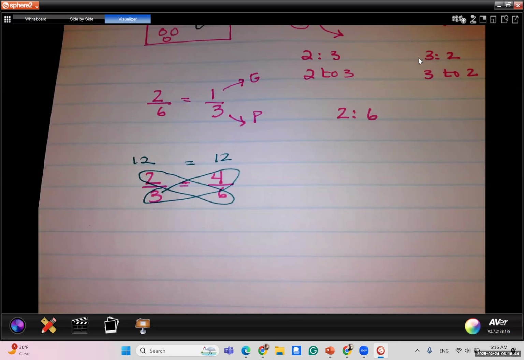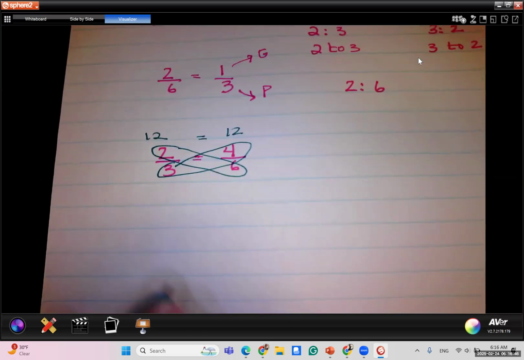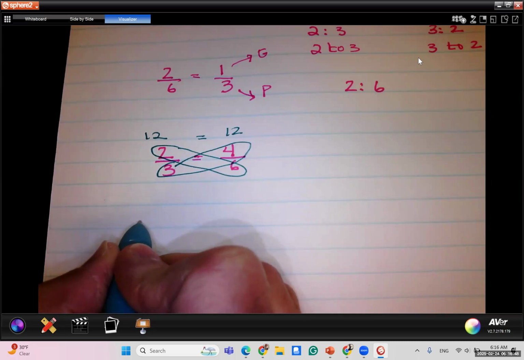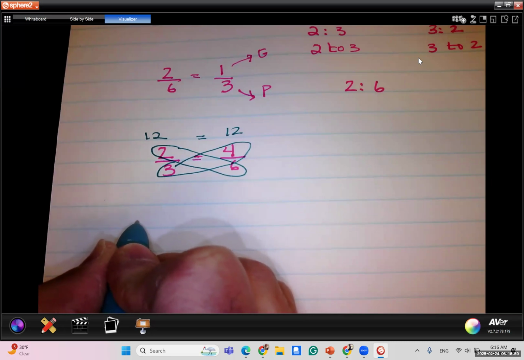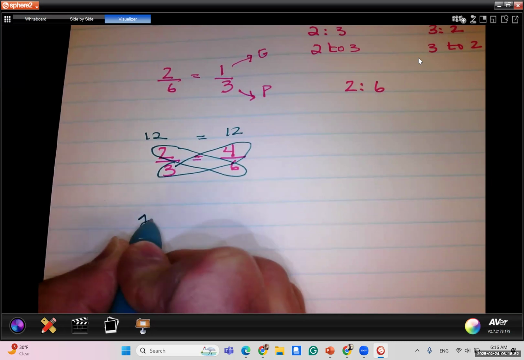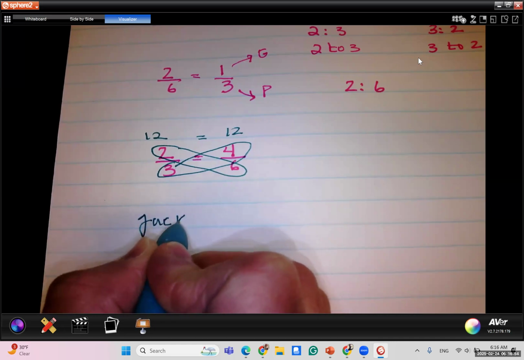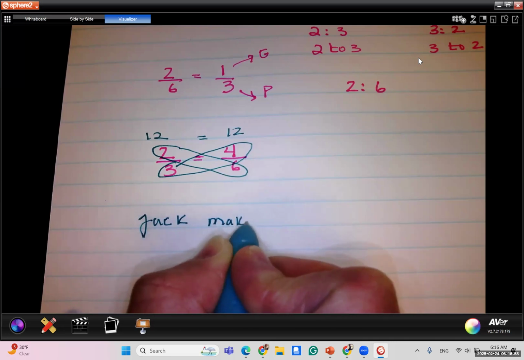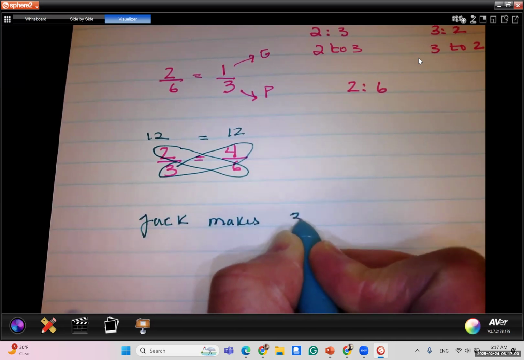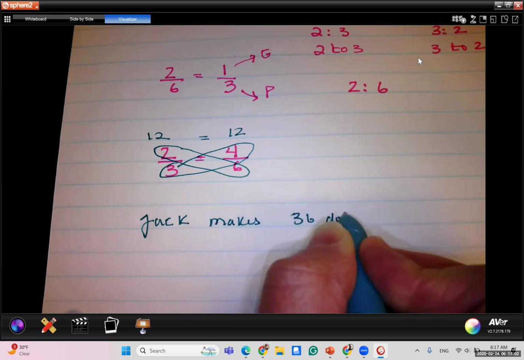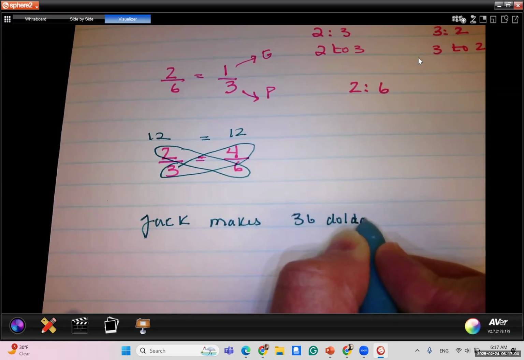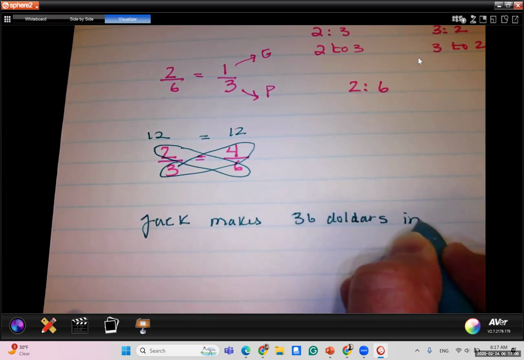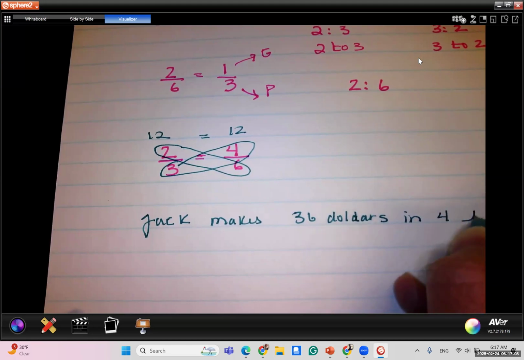quantity. For example, let's say the question said that, I don't know, Jack, whatever, I can't think of a name. Jack makes $36 in 4 hours.